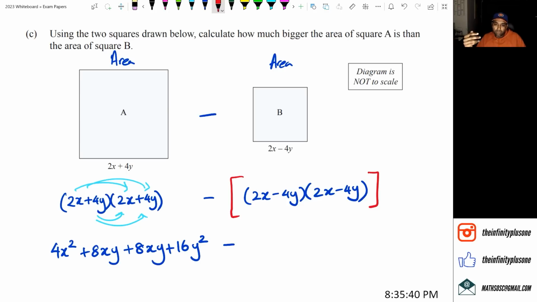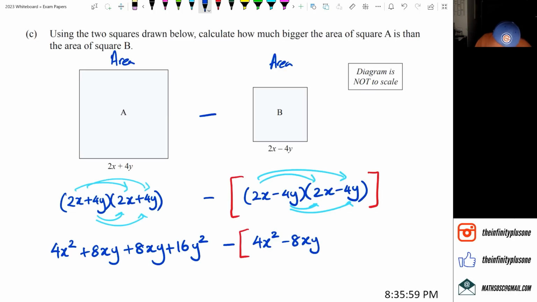Similar to one of the questions we did earlier, it's always a good idea to put that bracket there. So once again, I'm going to expand the brackets, remembering this bigger bracket around it. So 2x and 2x is 4x squared minus 8xy minus 8xy plus 16y squared.